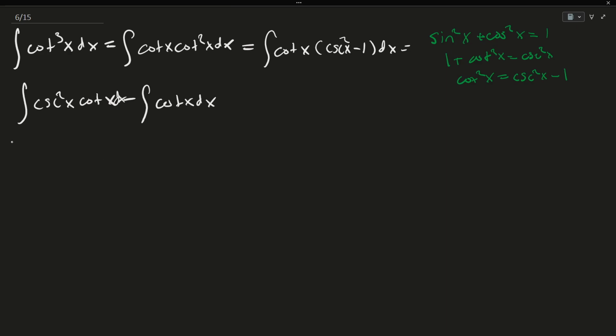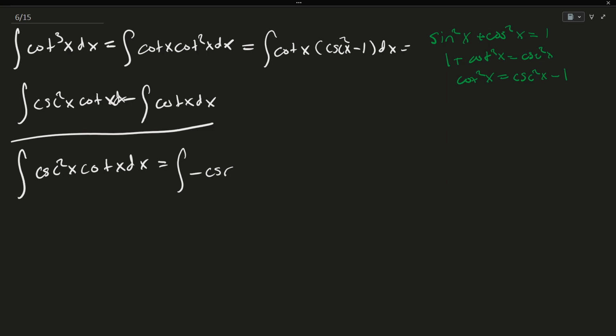So first, we need to solve for the integral of cosecant squared x cotangent x. Now we need to recognize the derivative of cosecant x is negative cosecant x cotangent x. So I'm going to rewrite this integral as negative cosecant x cotangent x times negative cosecant x. And now we can recognize this is an integration by parts.